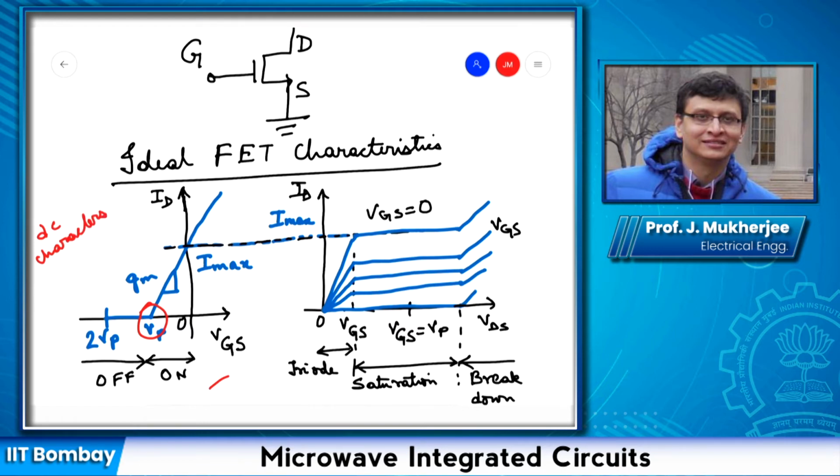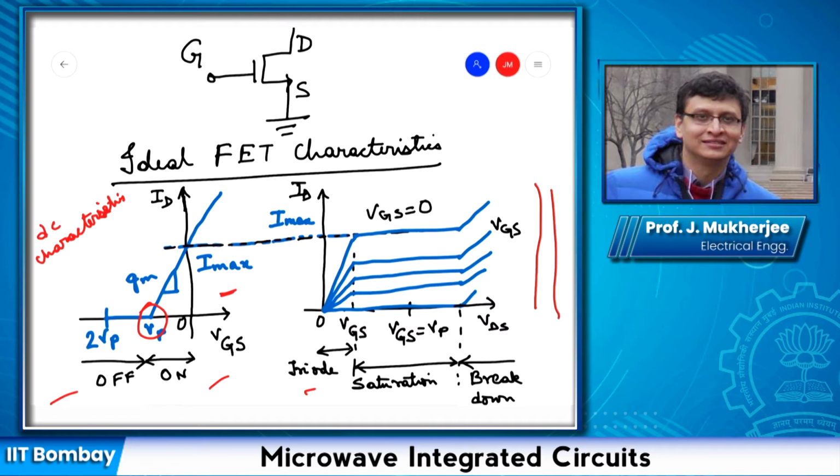By DC characteristics I mean you find these graphs by changing the appropriate DC voltage. Now in this case, for this graph the curve has been done only for one particular value of VDS, whereas for this graph we have obtained ID versus VDS for various values of VGS.